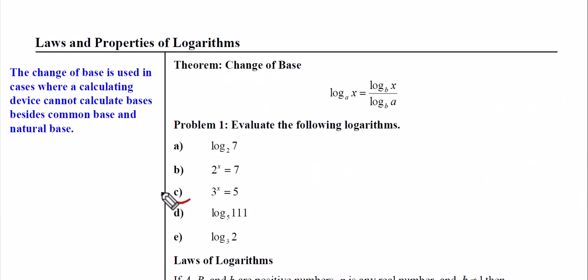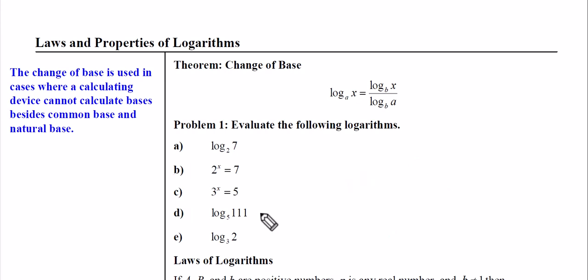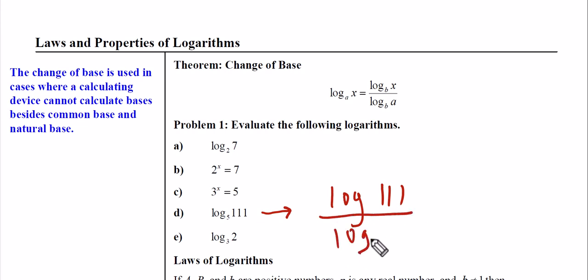You could do the same thing with part C. You should try it out, but at some point you're going to probably get log base 5 over log base 3. We can go ahead and do this as well with the change of base: log base 10, common log, over log, same base 10, common log of 5.